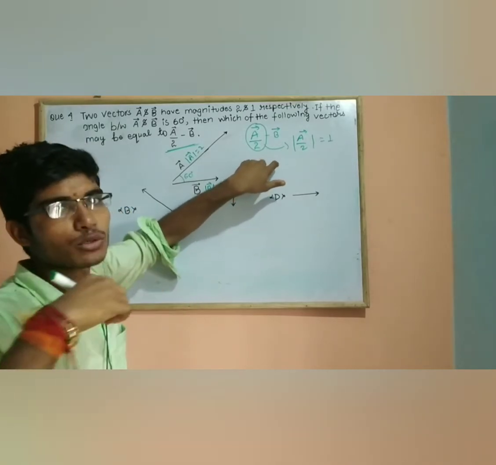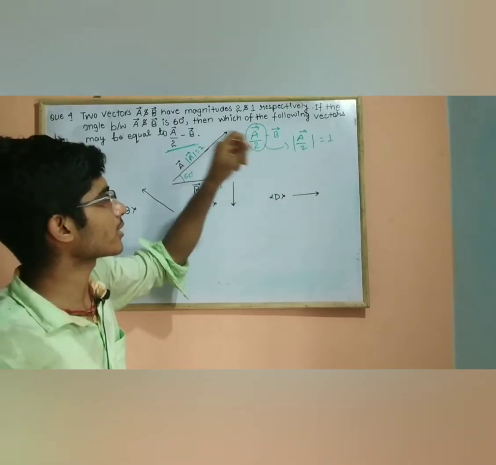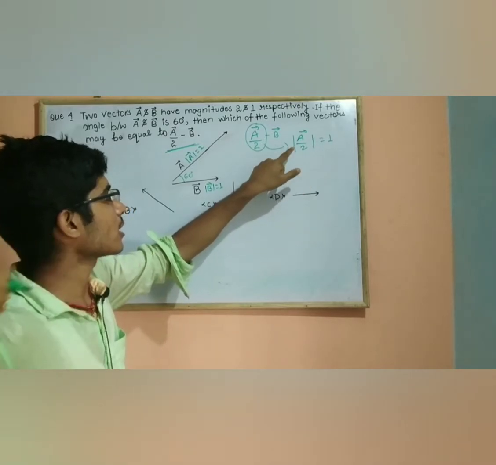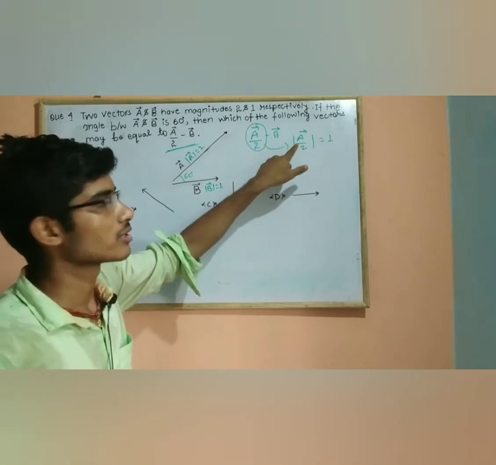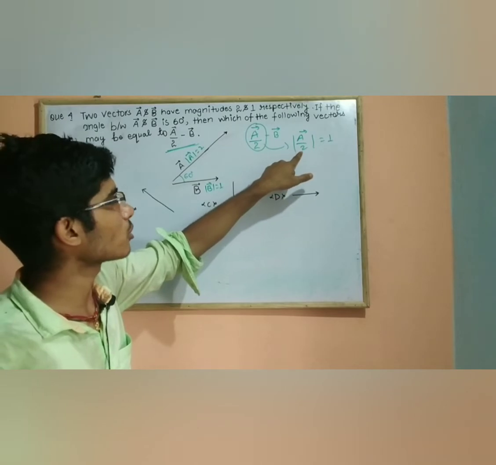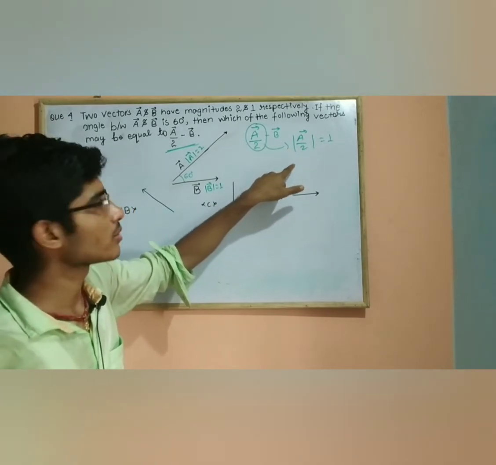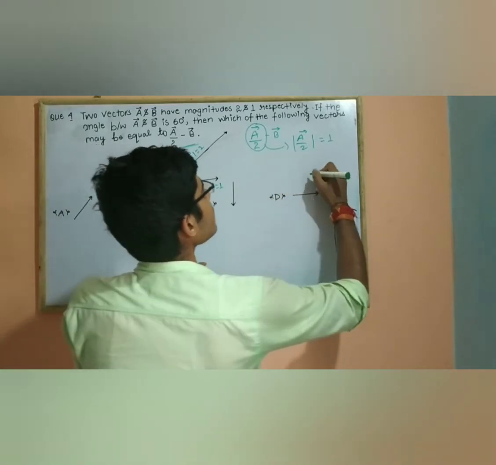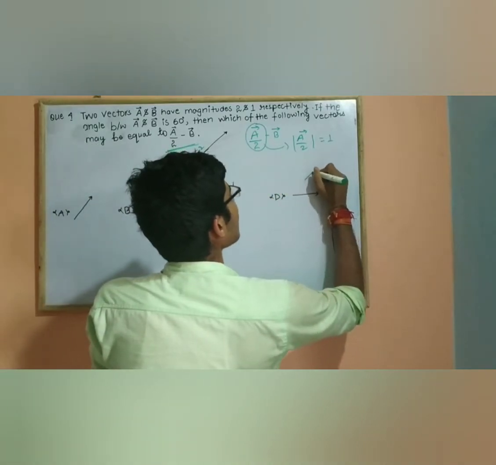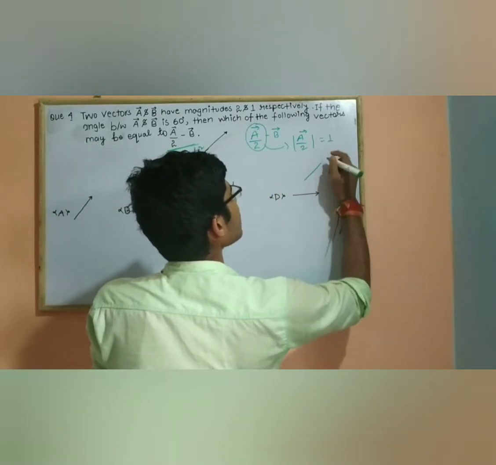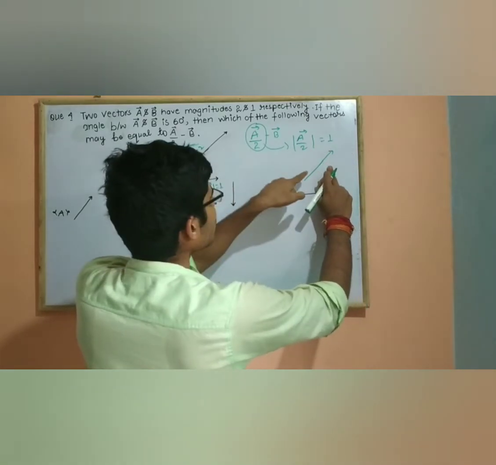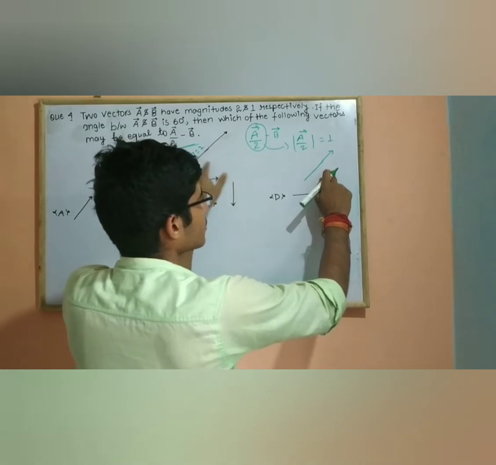And let's try to draw these new vectors. The direction of A vector upon 2 will remain the same because 2 is a positive quantity. So its diagram will be like this. This is half of the magnitude of A vector.